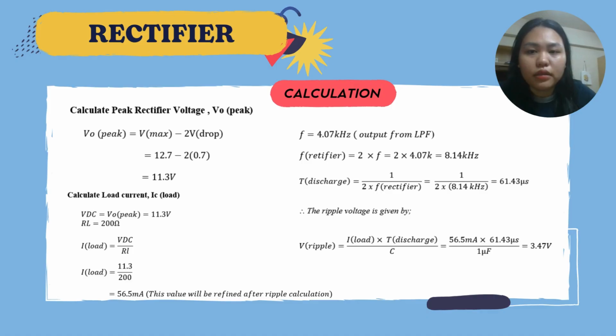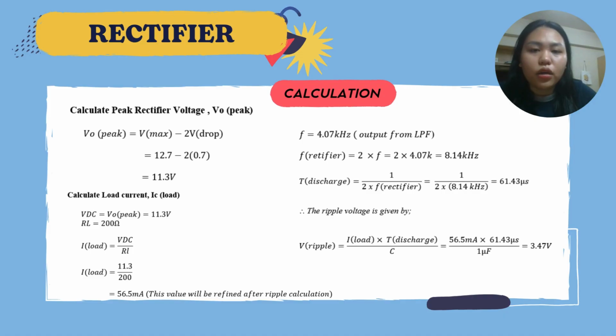The formula is VO peak equals Vmax minus 2 Vdrop. We insert the values: 12.7V minus 2 times 0.7V equals 11.3V. 12.7V is the peak from the AC supply. 0.7V is the forward voltage drop of a diode. Two diodes conduct at once in a full wave bridge.